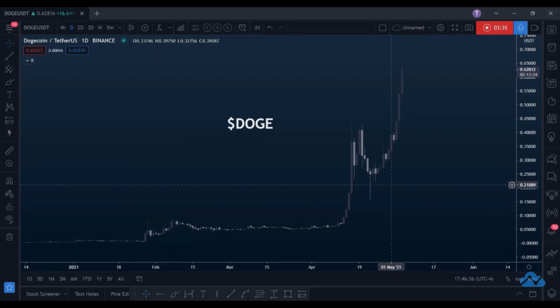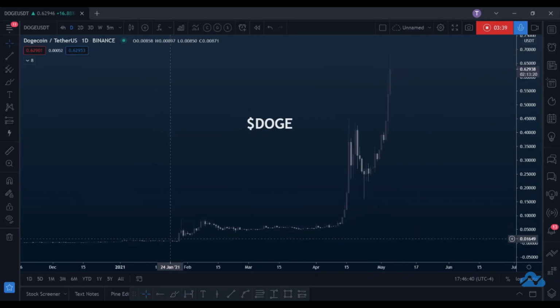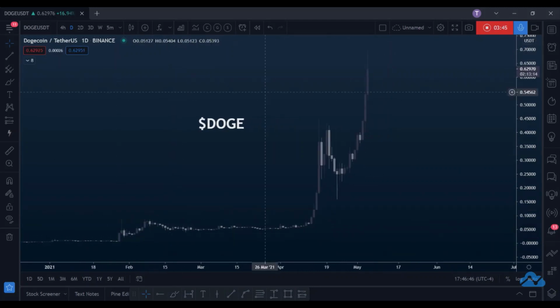But you kind of got to understand that where we are is generally more towards the top than the bottom. We're seeing these TikToks of people saying, oh, Doge going to $3,000. That's literally insane.